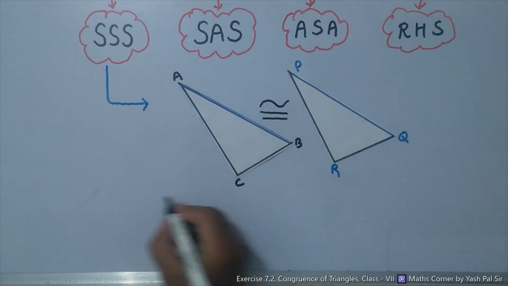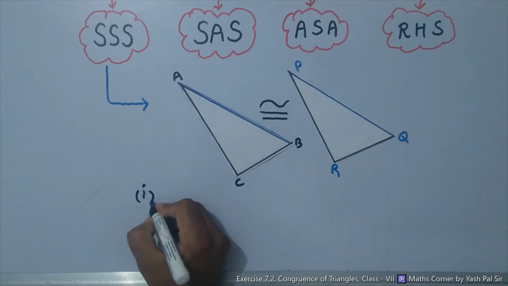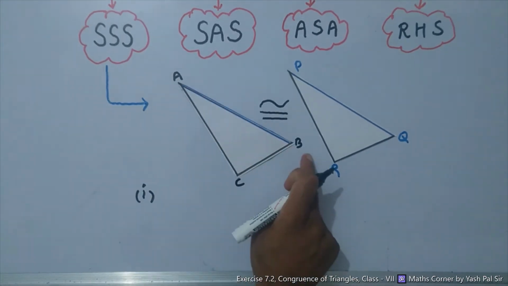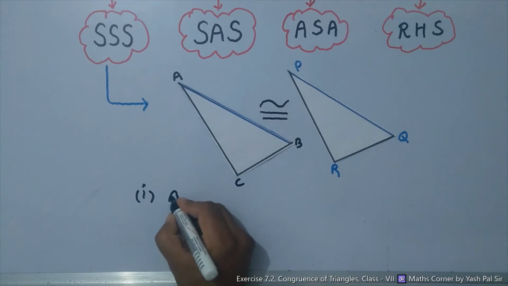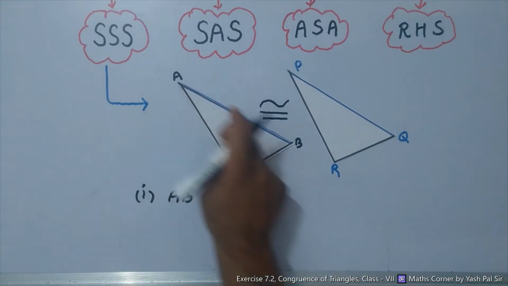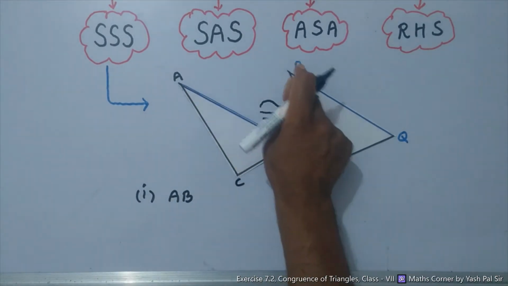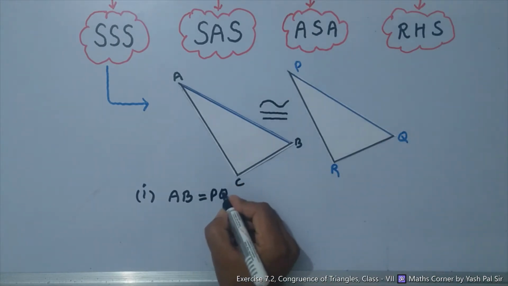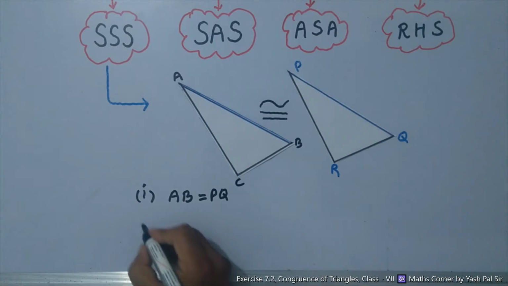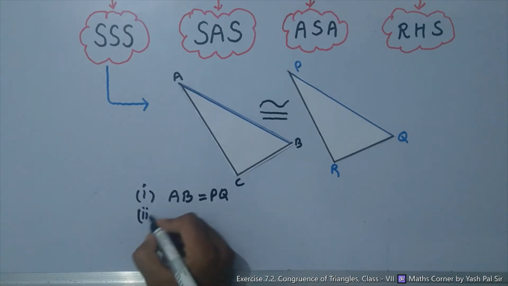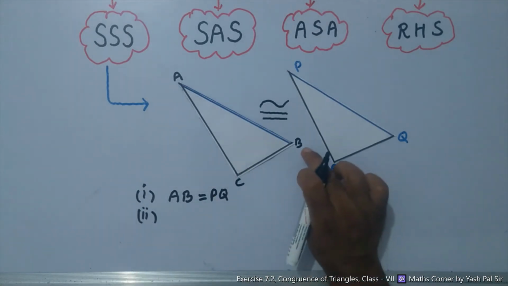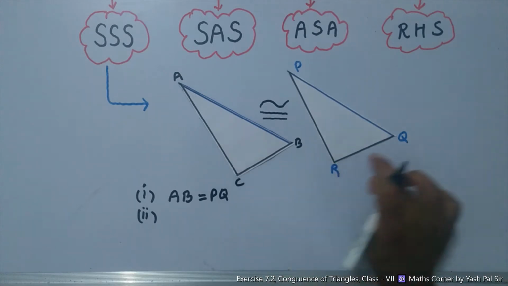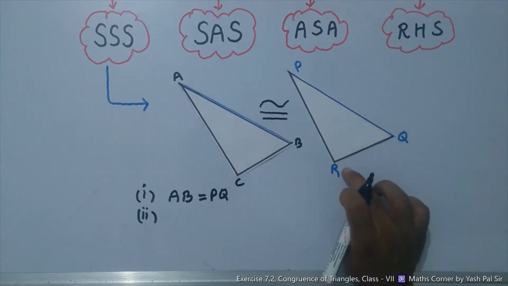The first condition is the first side AB, and the corresponding side is PQ. So AB is equal to PQ. Second, the side BC, corresponding to QR.